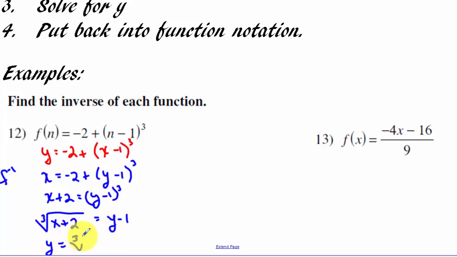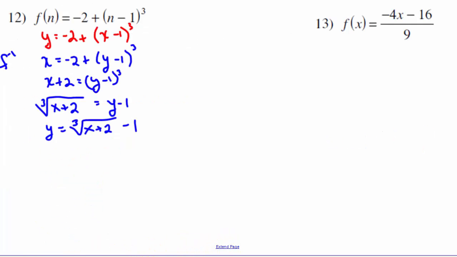So I'm going to get cube root of x plus 2. And then outside of the cube root, I have the minus 1. And now to finish, we want to put it back into function notation. So this will be called f inverse, and let's put it back to the letter we had in.